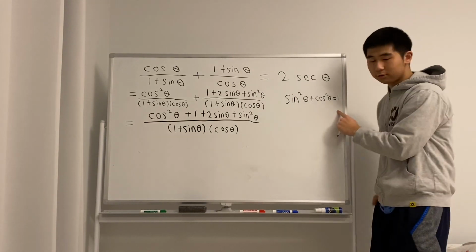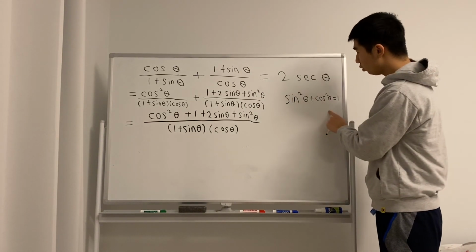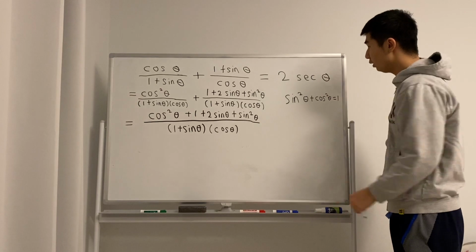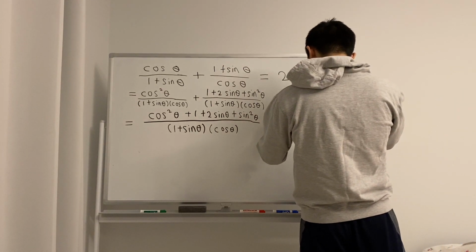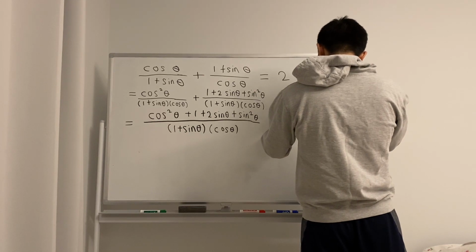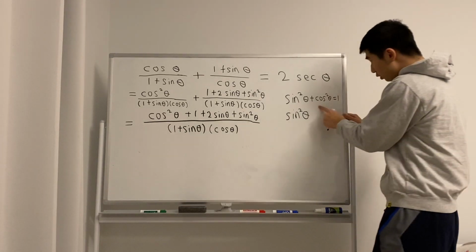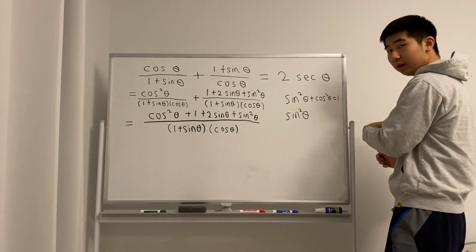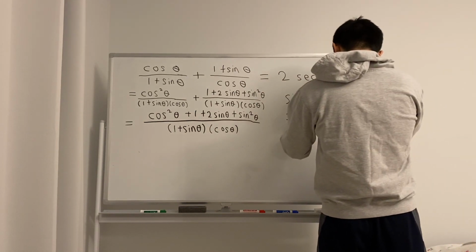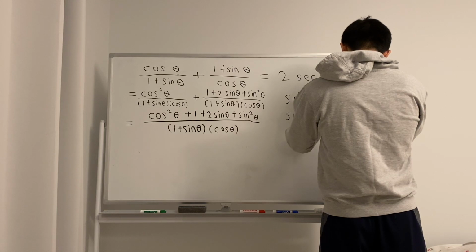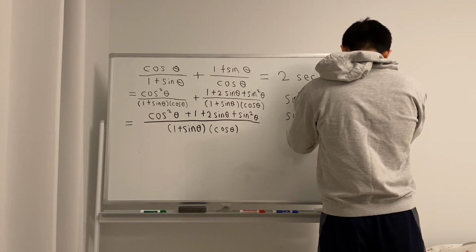That's the Pythagorean identity. So notice how sine squared theta plus cos squared theta equals 1. And then if we bring this cos squared theta to the other side, by subtracting cos squared theta on both sides, you get sine squared theta equals 1 minus cos squared theta.